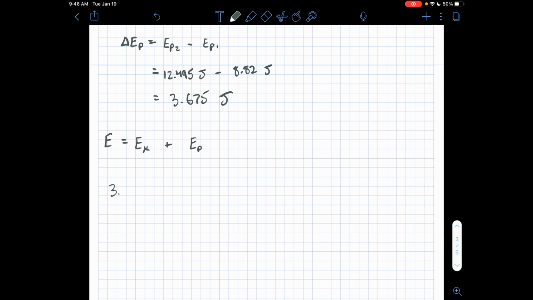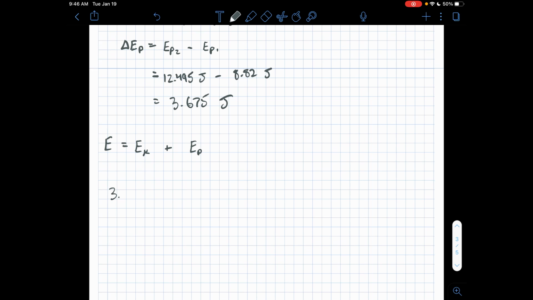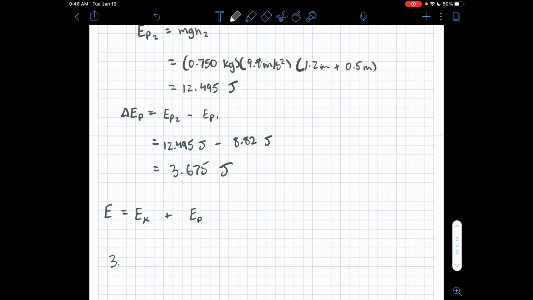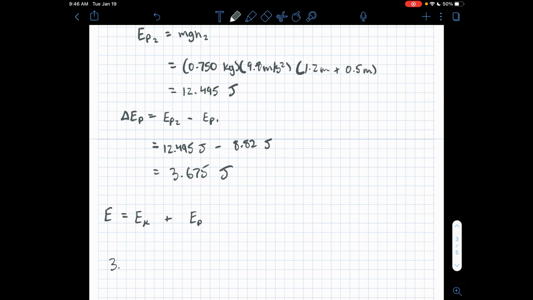So now that you know about the law of conservation of energy, you'll know that the total energy in an object will never change. And since you already calculated the maximum potential energy that the object has, then we'd also know the maximum kinetic energy the ball would have once it is dropped.